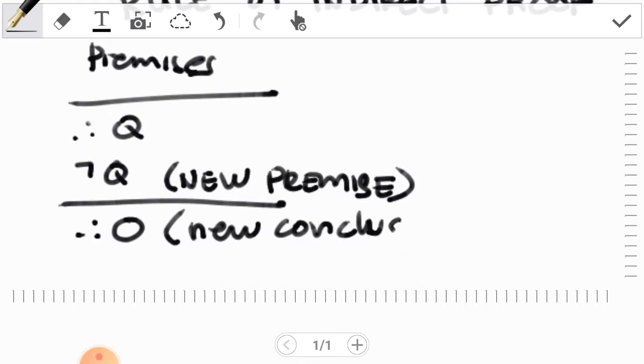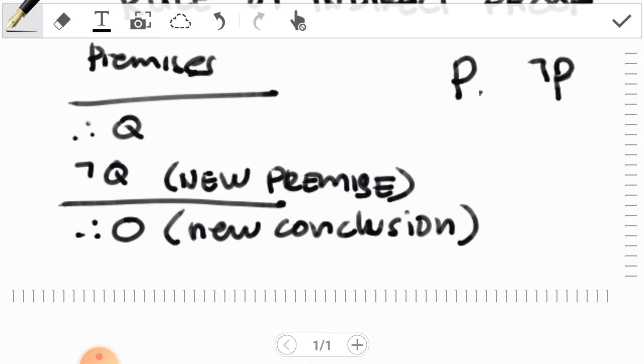And since our new conclusion is the false value 0, we need to come up with a contradiction somewhere along our proof. Therefore, what we desire to find in our solution is a proposition, let's say any proposition P, and its negation.